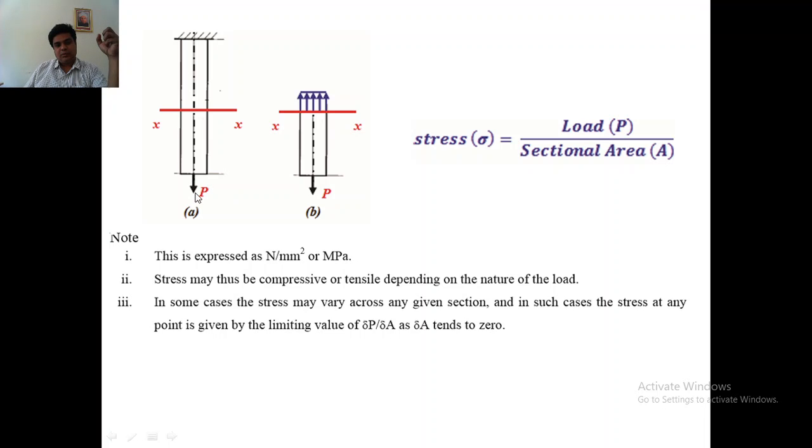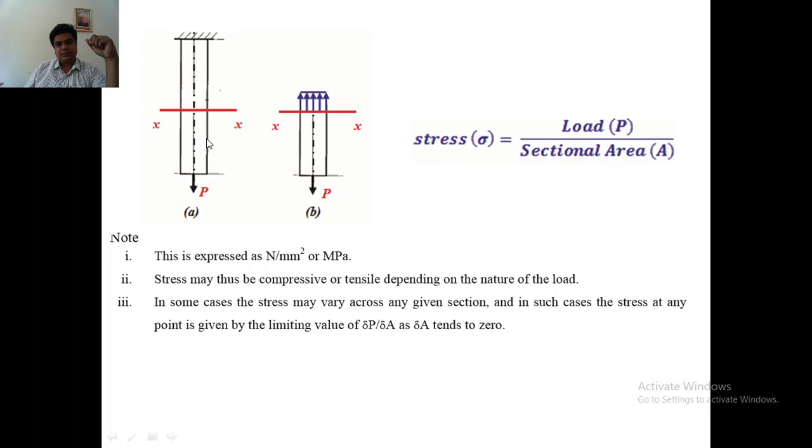So when you apply the load on one end, at the other end it is fixed, so there will be a reaction force in the opposite direction. This causes the steel rod or that particular structure to elongate. When you apply the load, it will be transferred inside the material.